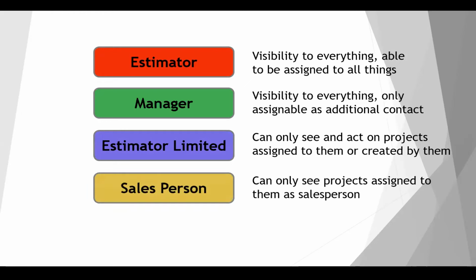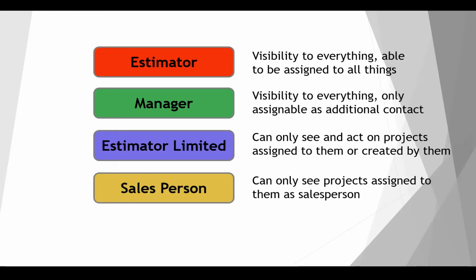Then you have a salesperson. Now, as in some organizations, it would be important that one salesperson isn't really necessarily aware of what the other salesperson's projects are. So salespeople can only see projects that are assigned to them as a salesperson. They can't log in and create projects on their own.